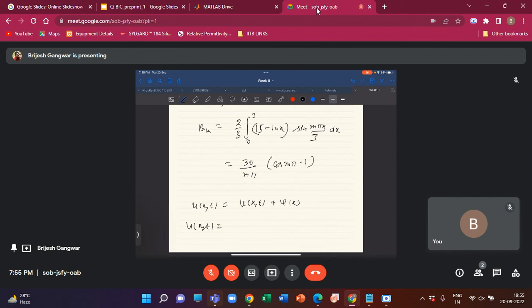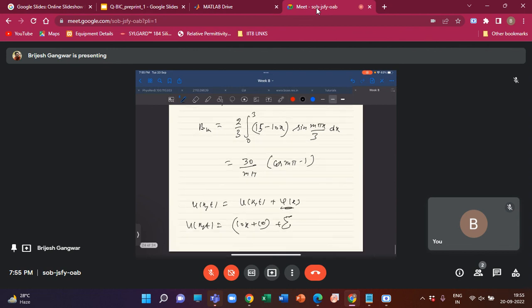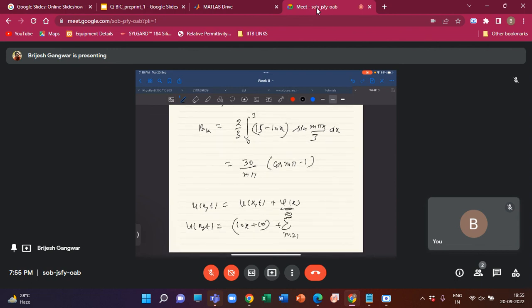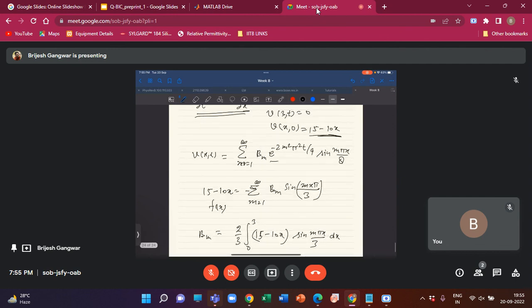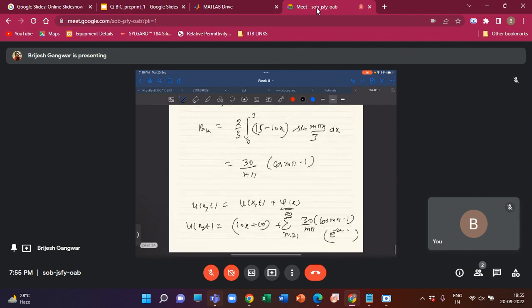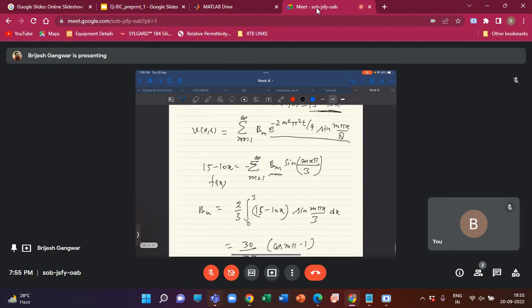You just put v(x,t) plus psi(x), which is 10x plus 10 in the above step, and here you can write sum m equal to 1 to infinity 30 by m pi and cos m pi minus 1 and e to the power minus 2 m square, and all this term will come. This is for Bm. So we easily find this type of constant with Fourier series by comparing this series.